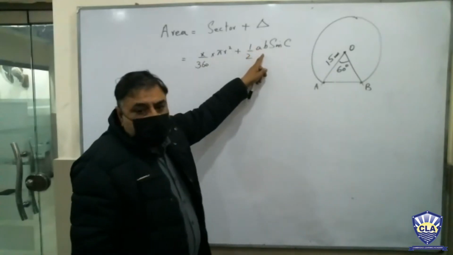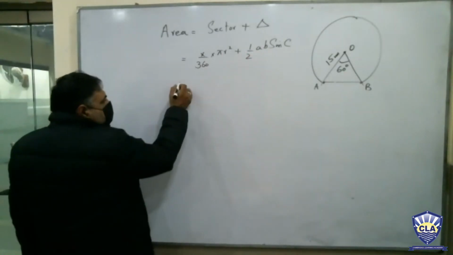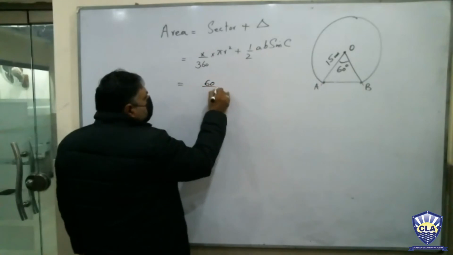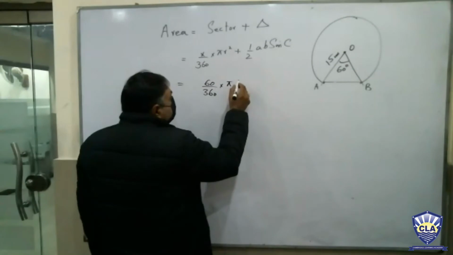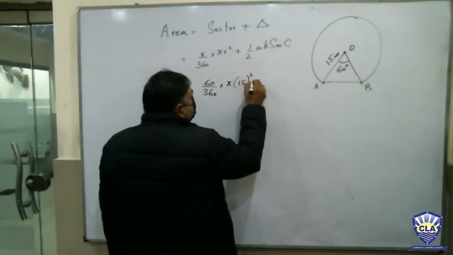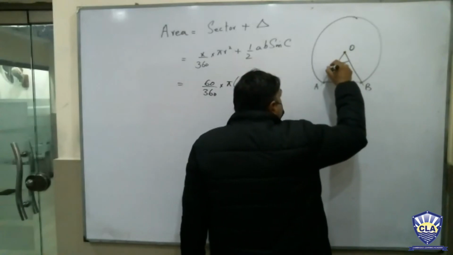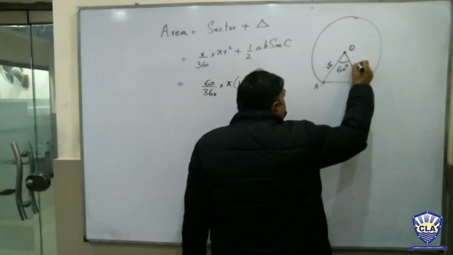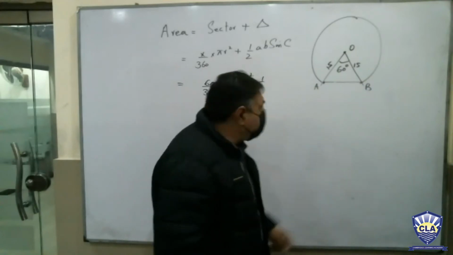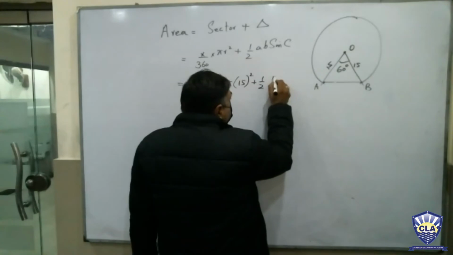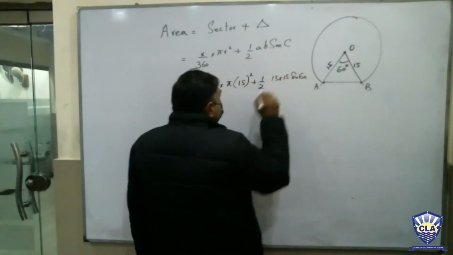That's why area of triangle is half AB sine C. Now 60 upon 360 into pi, radius 15 square, plus half into 15 into 15 sine 60, because this side is 15, and this side is also 15, because of the radius.